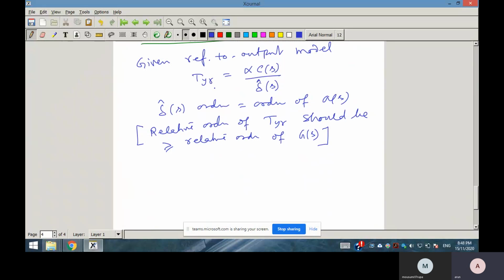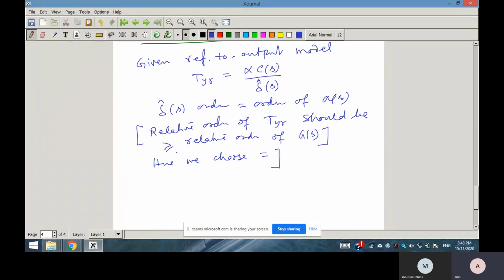Okay, so this is your reference input to output model. The order of delta hat S I have chosen equal to this one. So the relative order should be greater than or equal to this one, and here we choose the equal sign.